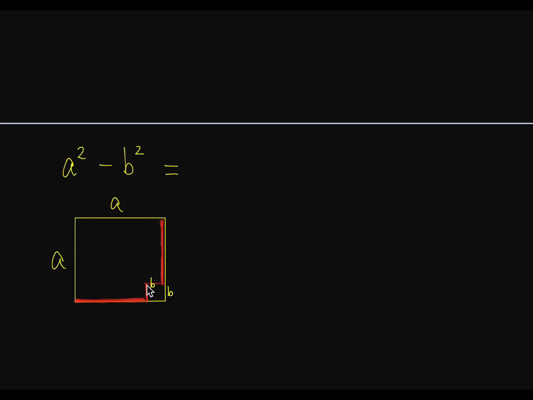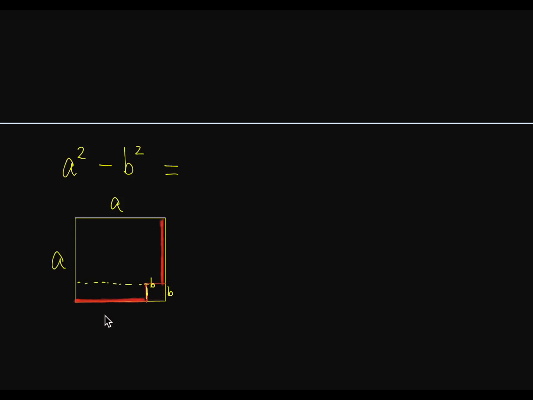We just cut off a smaller square with the side b. So a squared minus b squared represents the area of the big square take away the area of the smaller square. Then it will be equal to these two parts added together.